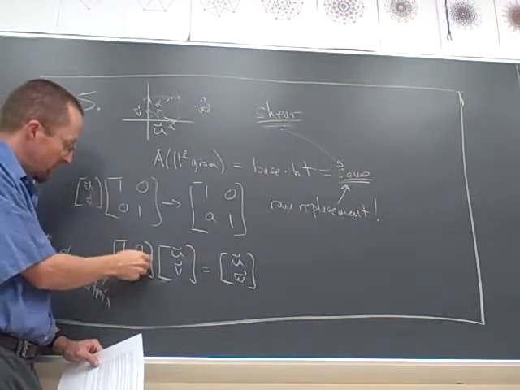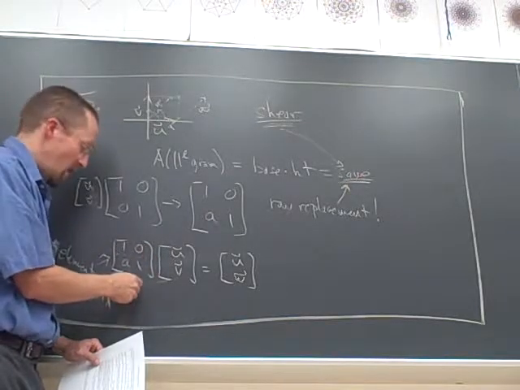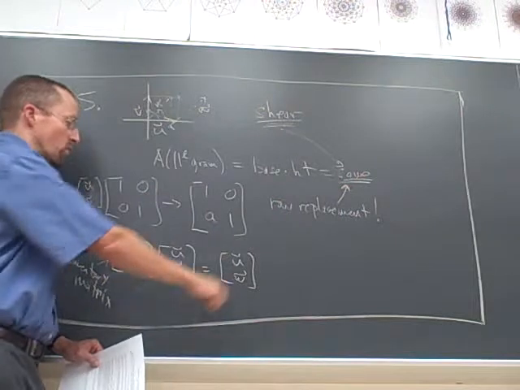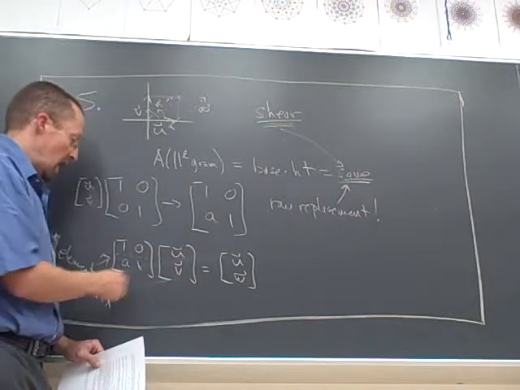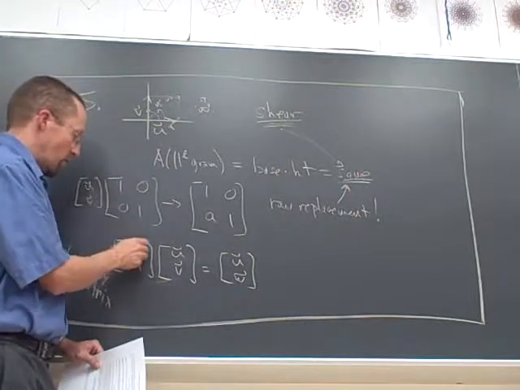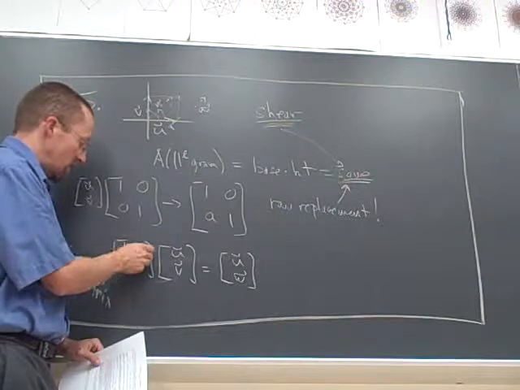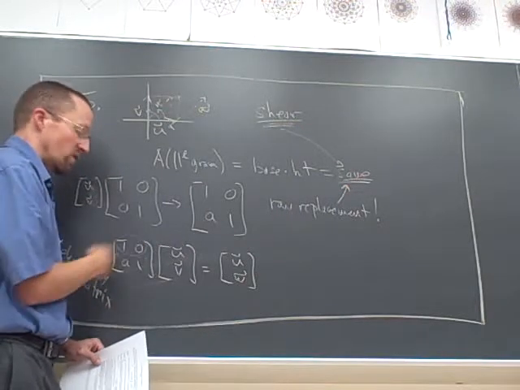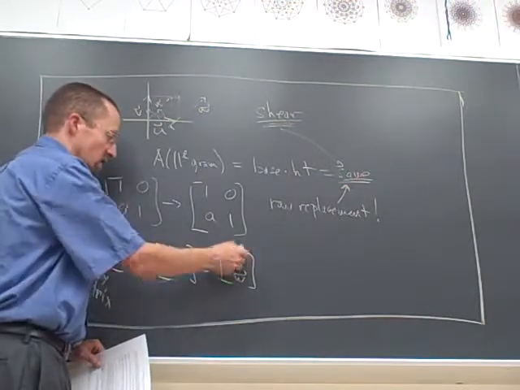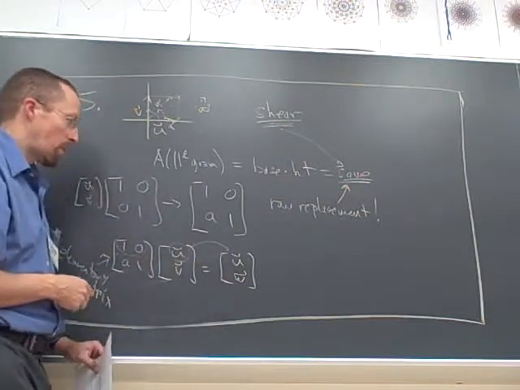The other way to think about it is that the bottom row of the left-hand matrix in a matrix product is going to control what appears in the bottom row of the actual product. And it's the bottom row that's getting interesting here. That's a combination of the two rows. The top row is staying the same. If you have the top row of the identity matrix as the left-hand factor in a product, that means you're not changing the top row. It's just going to be whatever the top row is here. So that's why the U stays a U.